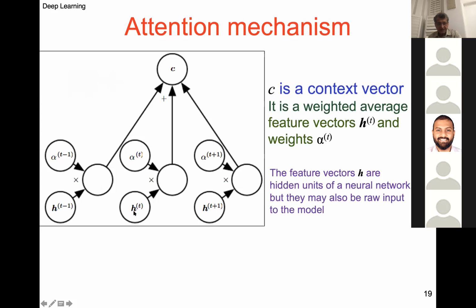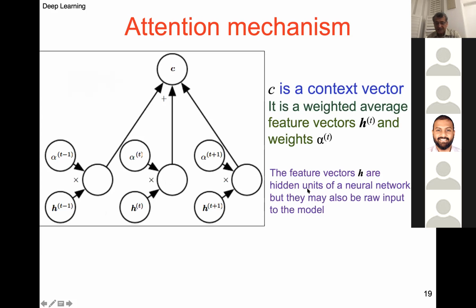And similarly, HT is multiplied by alpha T, and HT plus 1 is multiplied by alpha T plus 1. Together, they form addition of all of these, which forms the context. So the context C, although it's just one element, has got all these internal representations of the words and their weights associated with them.